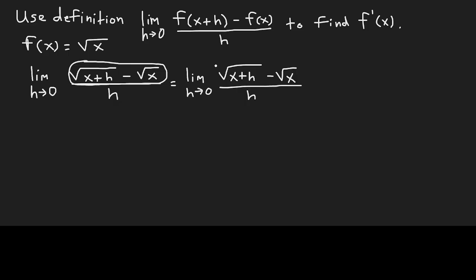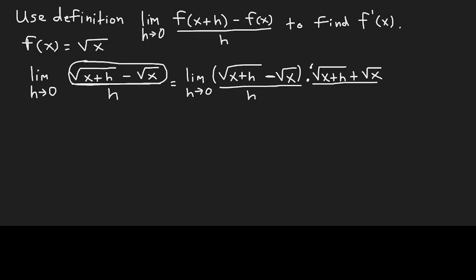We multiply the top and bottom by the conjugate. That's the exact same terms, square root of x plus h and square root of x. The only difference is we change the sign: subtraction becomes addition, so we have plus.